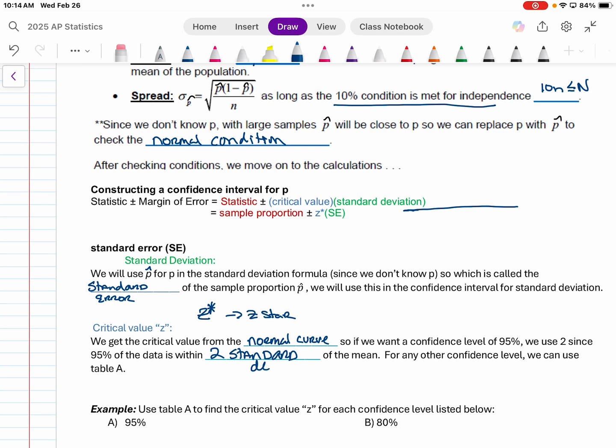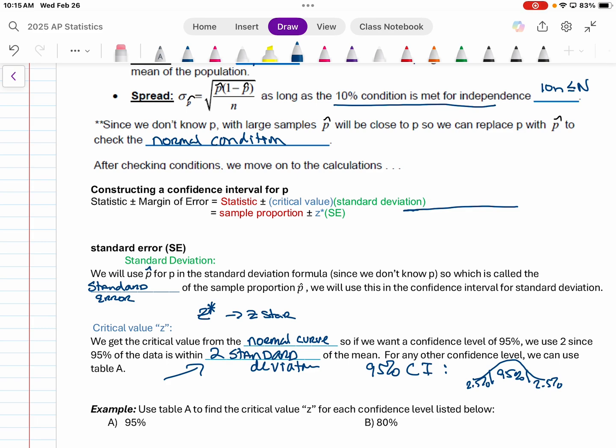That's saying that, without a calculator, this is the generic statement. If I'm doing a 95% confidence interval, then as I look at a normal curve, 95% of my data is on the inside, which means there's 2.5% and 2.5% on the outsides.